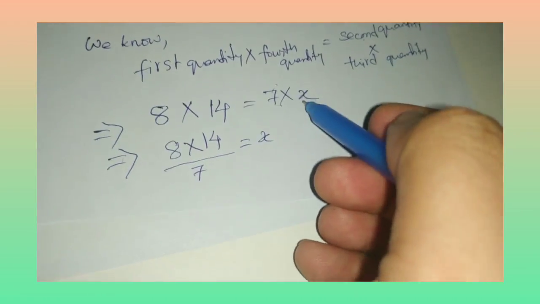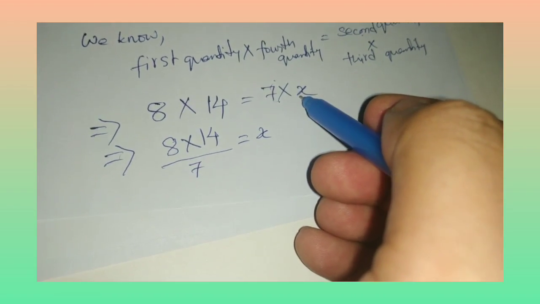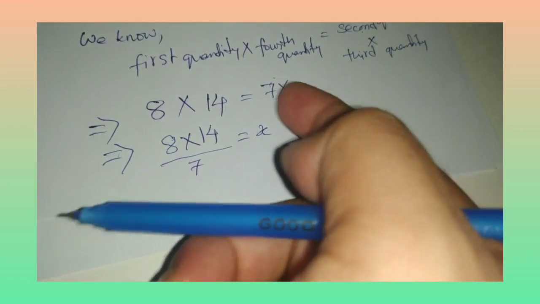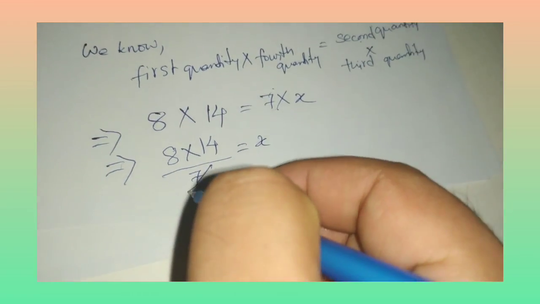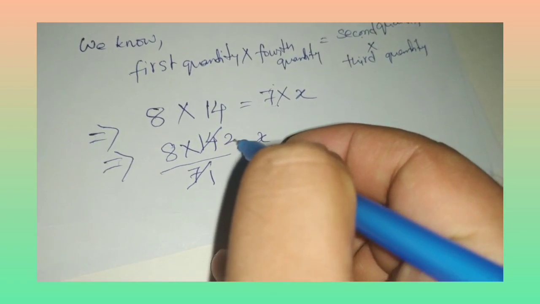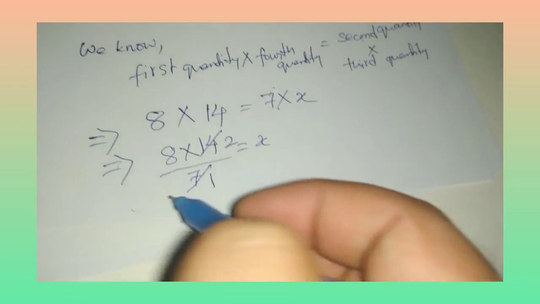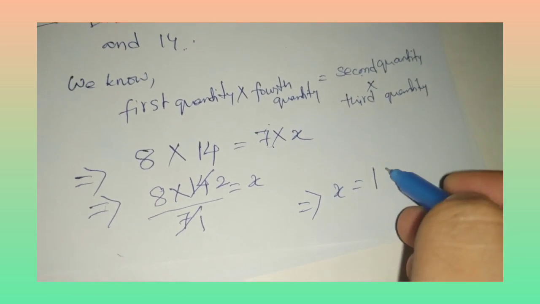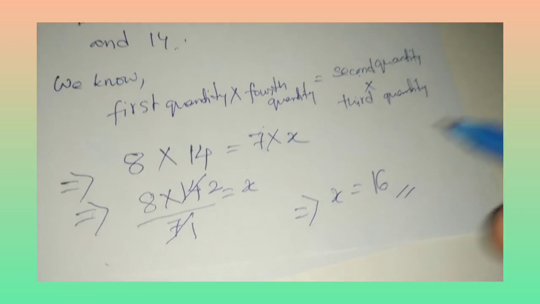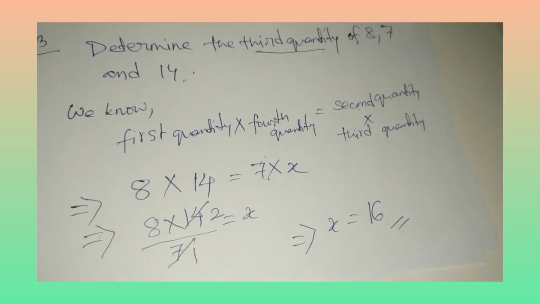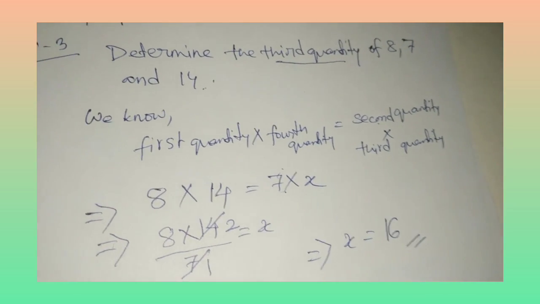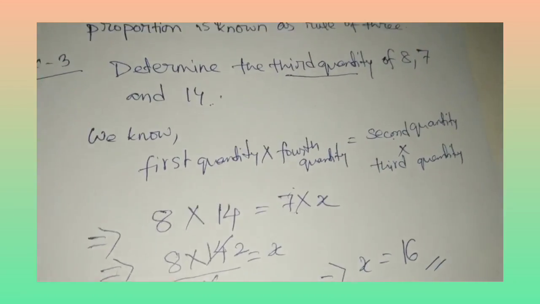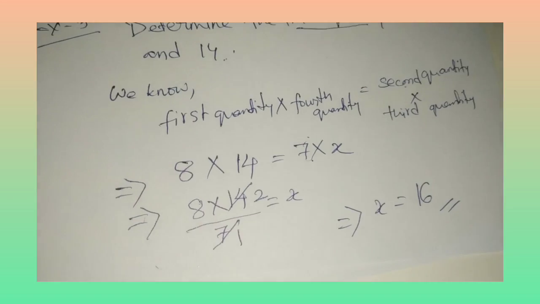So 7 is in multiple form with x, so if it comes to the opposite side of the equal sign, it gets divided. So 7 1s are 7, 7 2s are 14. Therefore x equals 16. So this is our required third quantity. Okay, very simple. Just follow the formula and you can easily find the third quantity.